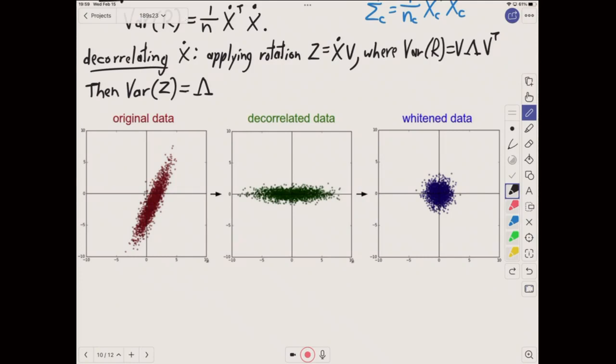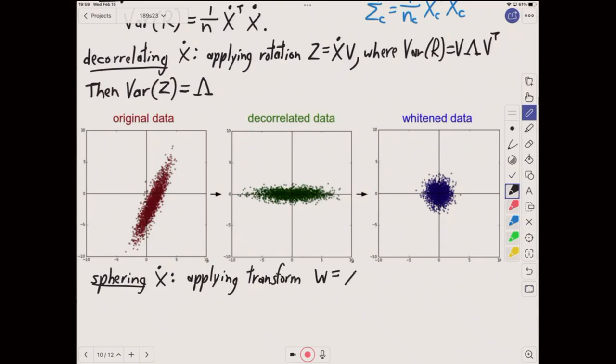Sometimes you want to take a step further and you want to put your data into an isotropic normal distribution. So if you want to go from here to here, how does that work? Well, you can think of it as being in two steps. When you have a centered design matrix, X dot, then sphering X is a word sometimes used to mean we apply the following transformation.